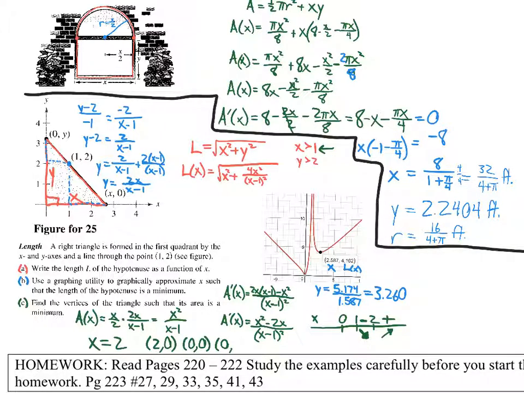Well, y we know is 2x over x minus 1. So 2 times 2 is 4, over 2 minus 1 is 1, 4 over 1 is just 4. So that is the triangle that will meet all these criteria. It's going to hit the x and y axis, it's going to go through the point 1, 2, and it's going to have the smallest possible area.